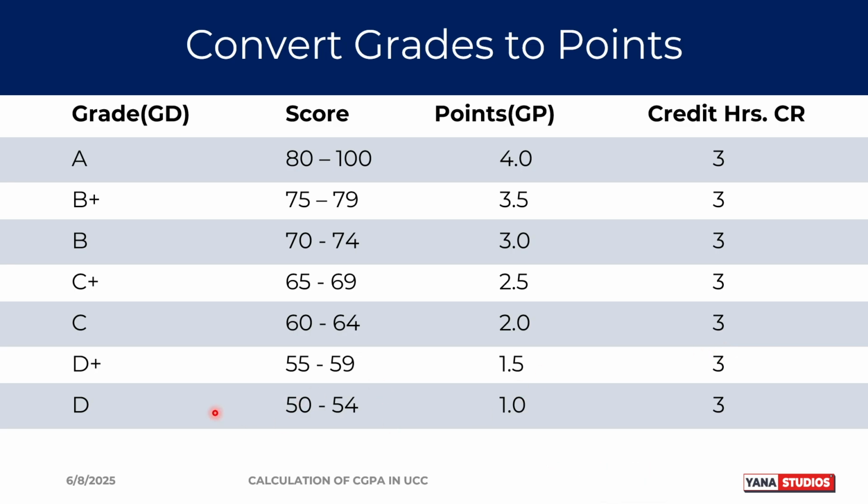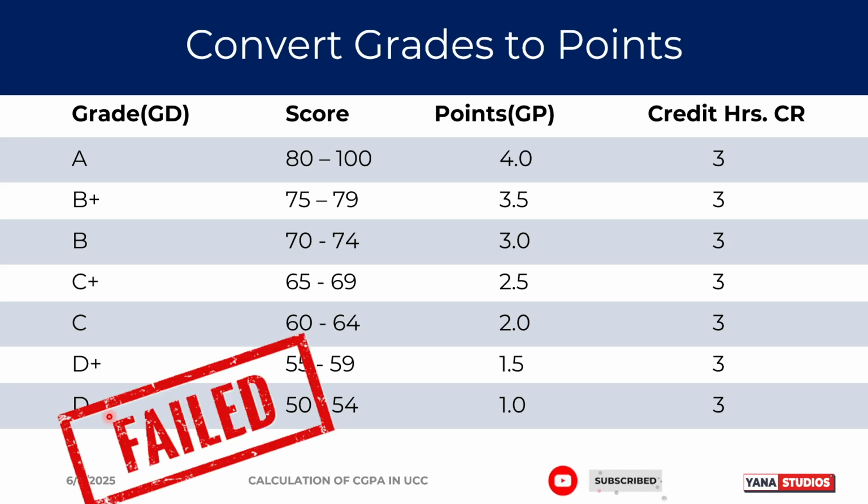And the grades end at D. If you get anything below D, it means you have failed. You are getting a grade point of 0.0, right? 0 times the credit hour is going to give you 0, which means you failed.